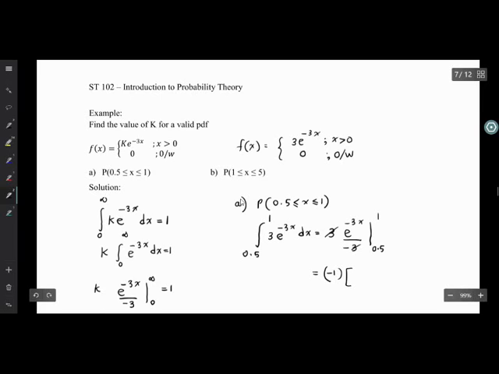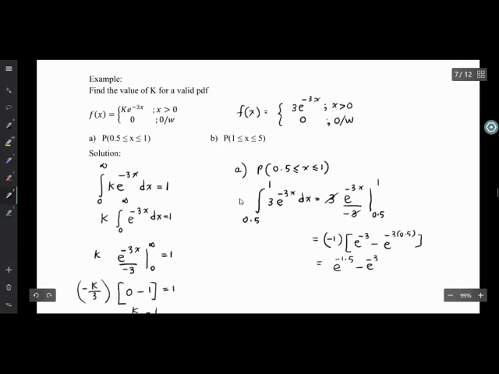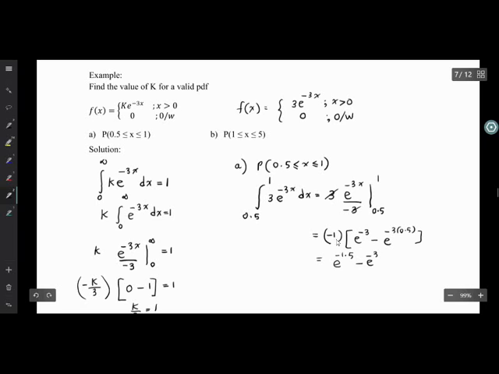Evaluate e to the negative 3x at x is 1, you get e to the negative 3 minus e to the negative 3 times 0.5. Okay, when you have the negative 1 in front, you can write 3 times 0.5 is 1.5, so e to the negative 1.5 minus e to the negative 3. By multiplying this by negative 1, you end up with this answer.